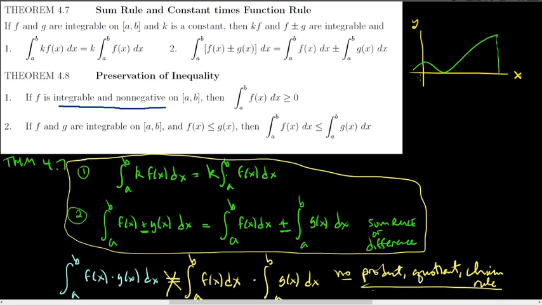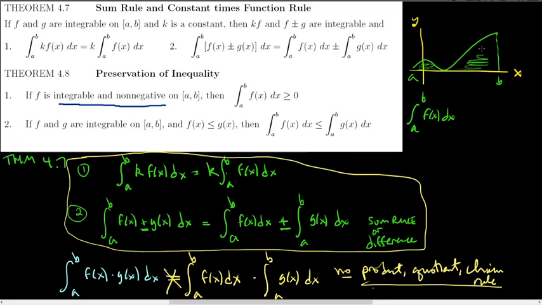So if that's my a to b, the definite integral is just this area in here, this area plus this area. That total area has to be greater than or equal to 0. For any function above the x-axis, your area is positive.